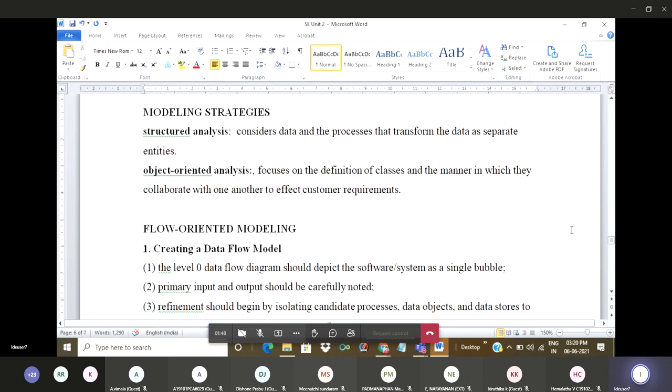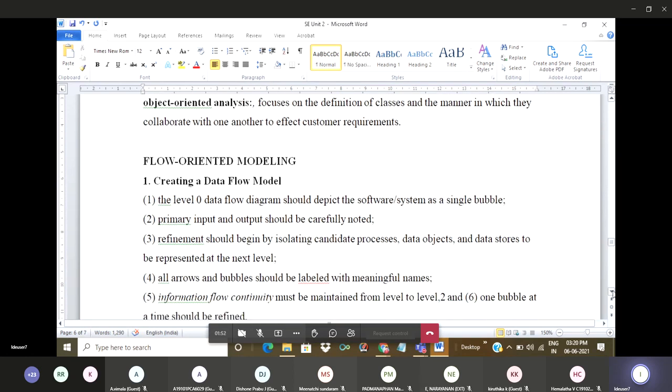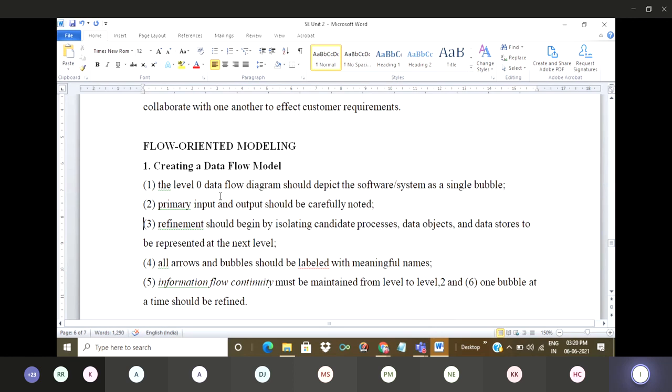And flow-oriented modeling. First, we have to create the data model. The level zero data flow diagram should depict the software or system as a single bubble.